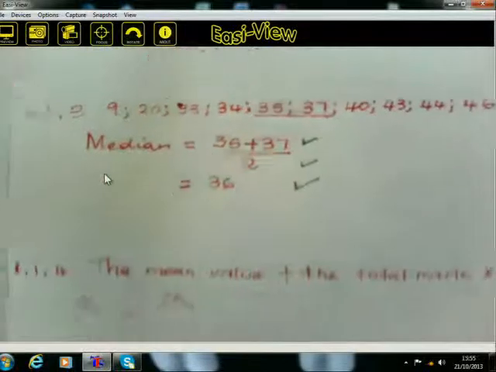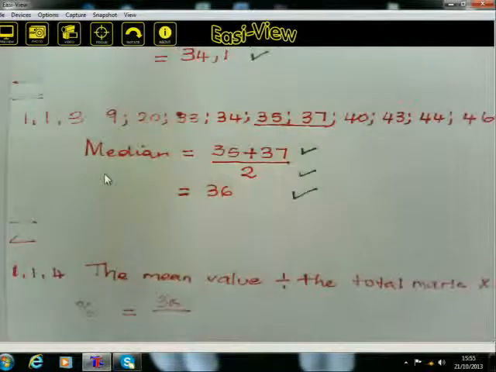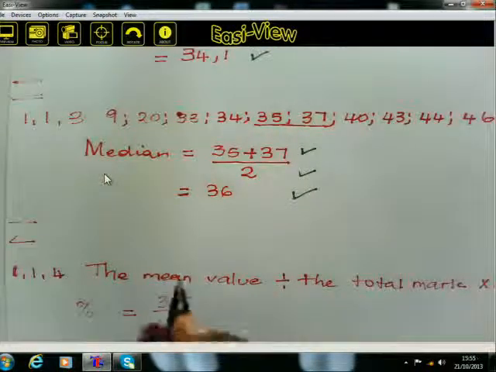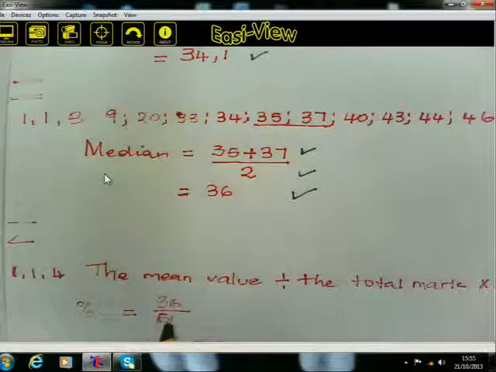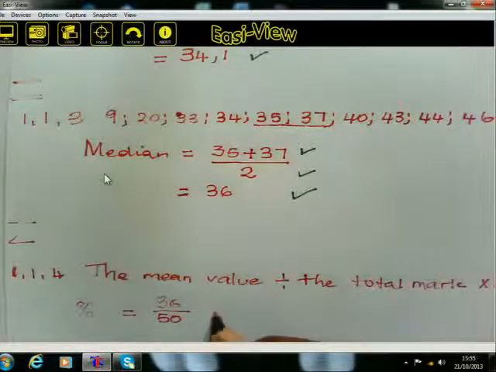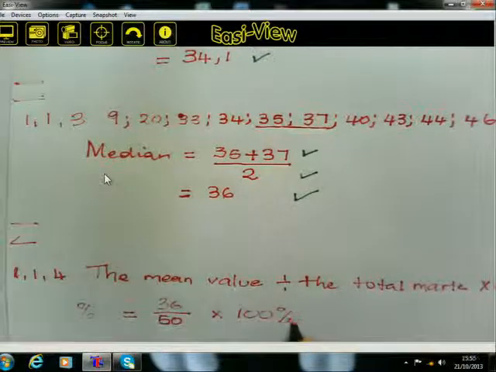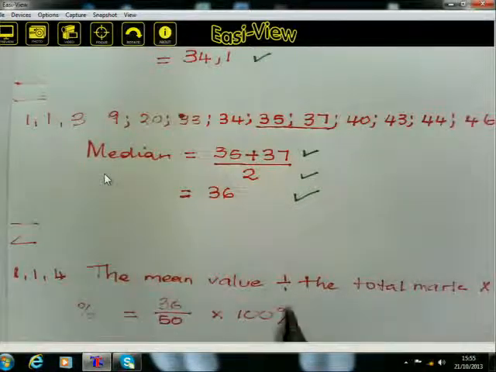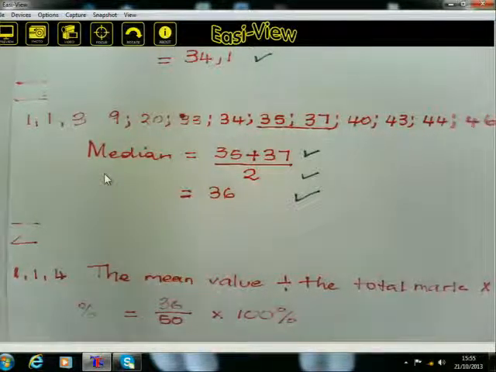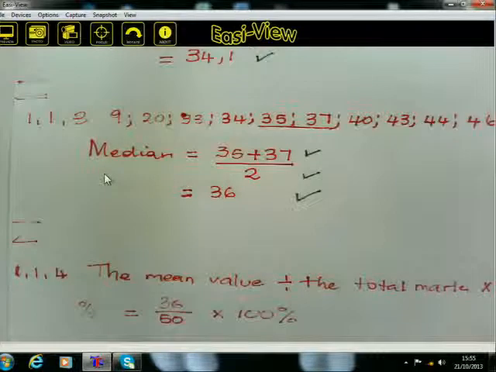So now you say 36, you divide it by 50, you multiply it by 100%. It is very important for you to show us the percentage line, because it shows us that you know what you are looking for.